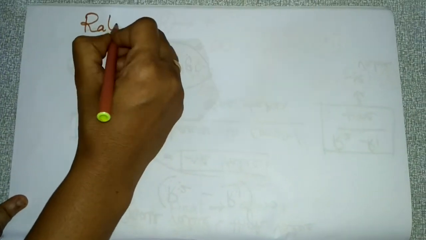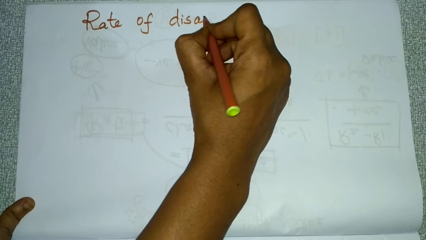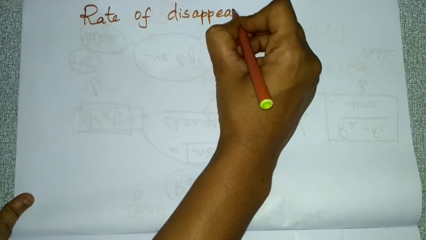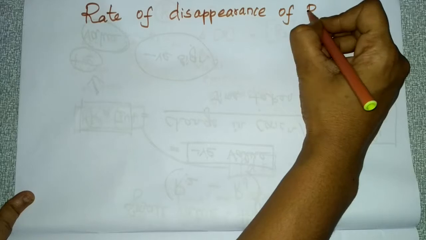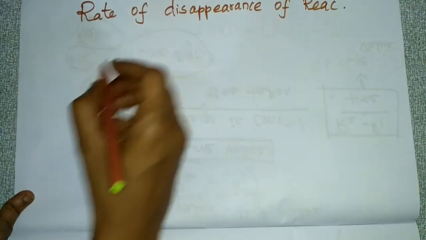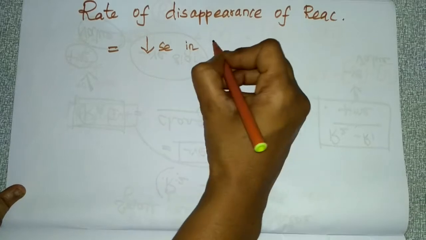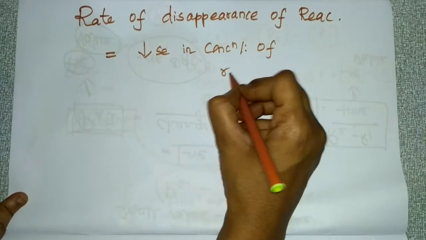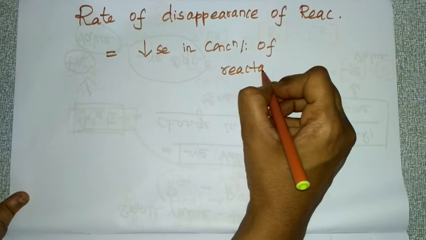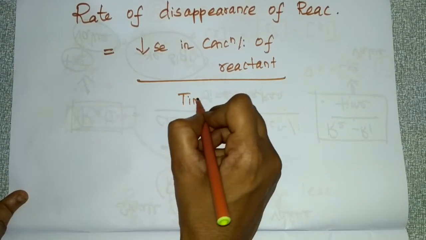Okay, and so here what expression do you have to write? Rate of disappearance of reactant is decrease in concentration of reactant upon time taken.